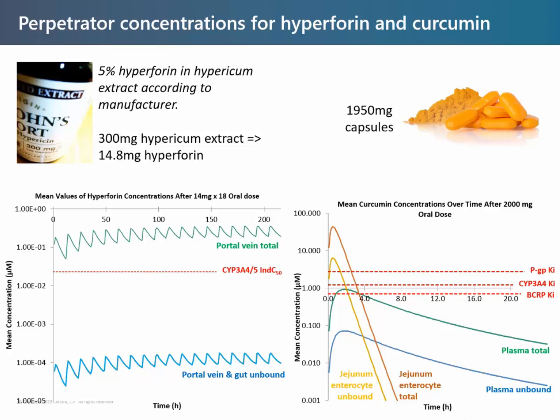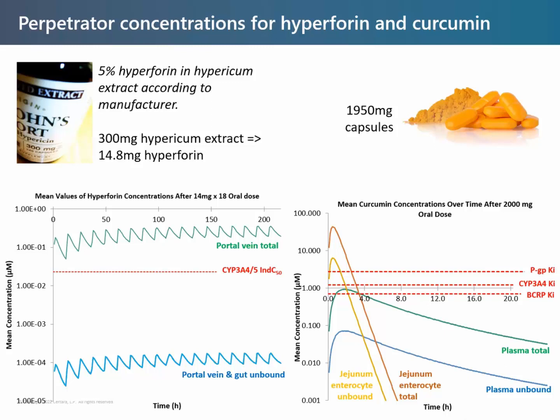Similarly, with curcumin, as I mentioned, they're available as capsule supplements by themselves. So it's quite easy to use the manufacturer-reported doses by themselves. And based on that, we can also continue to extrapolate the typical exposure scenario for curcumin, as you see here, with concentrations in the systemic circulation or in the jejunum and enterocytes.